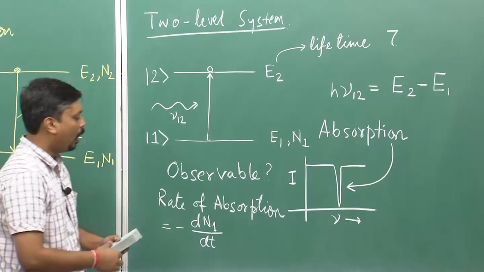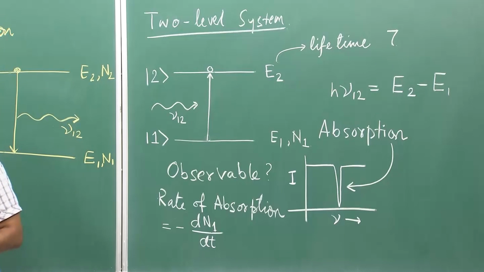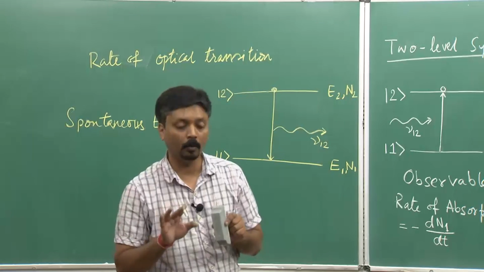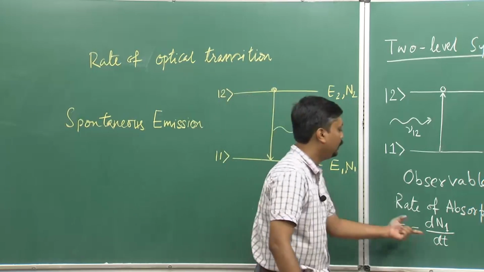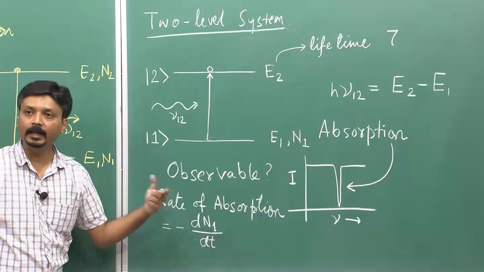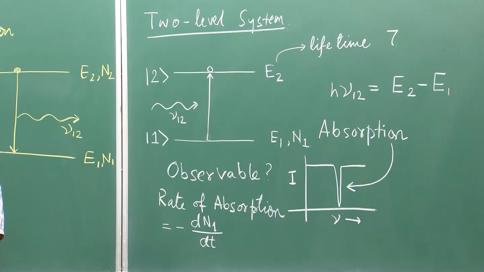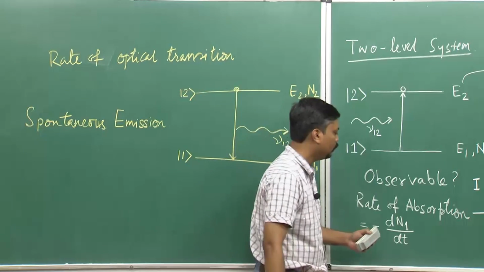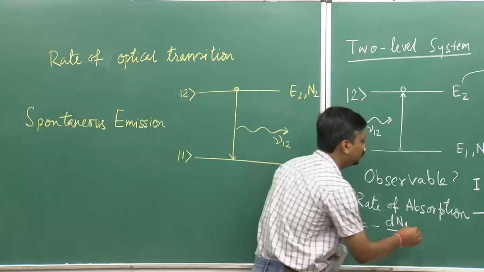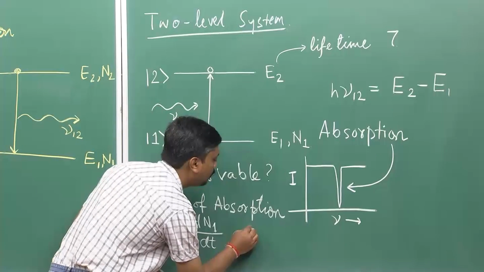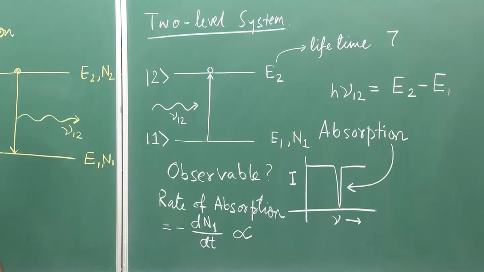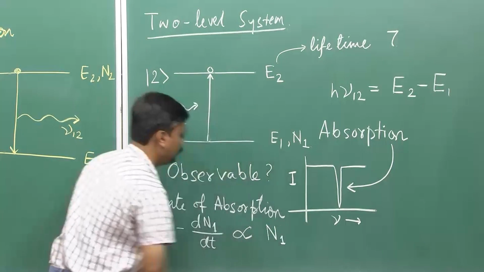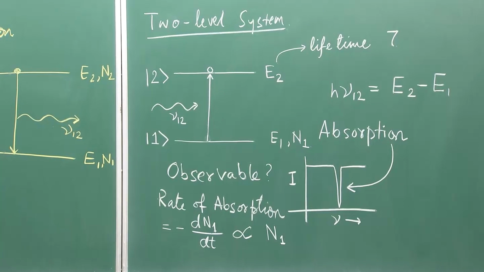Now, how can I find the rate of absorption? If we need to find that out, we have to understand on what this rate of absorption, or the decay of population in the ground state 1, actually depends. So, this rate of absorption is proportional to the number of atoms itself in that particular state. So, in our case, rate of absorption is proportional to N1.